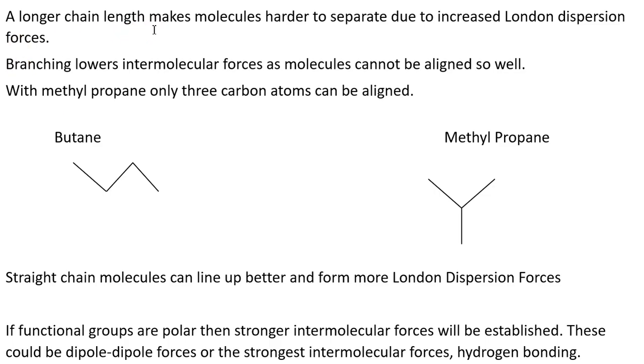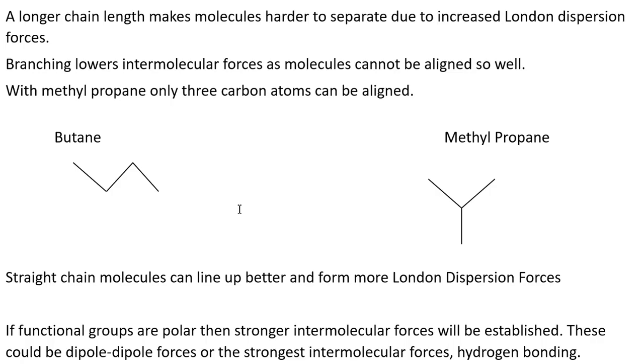A longer chain length makes molecules harder to separate due to increased London dispersion forces. Branching lowers intermolecular forces as molecules cannot be aligned so well. With methylpropane, only 3 carbon atoms can be aligned. I see skeletal structures of butane and methylpropane.